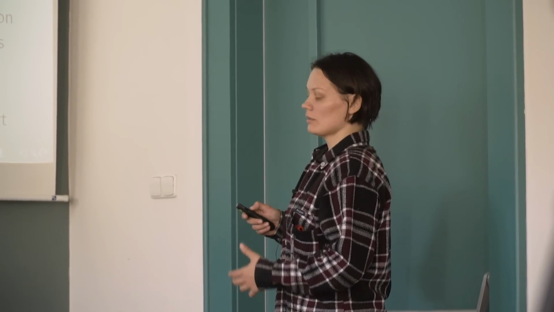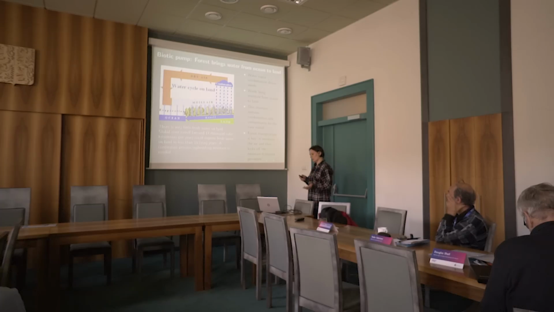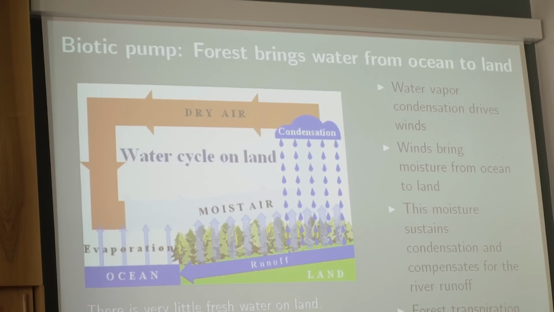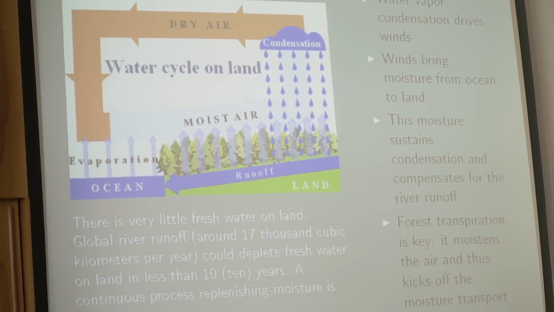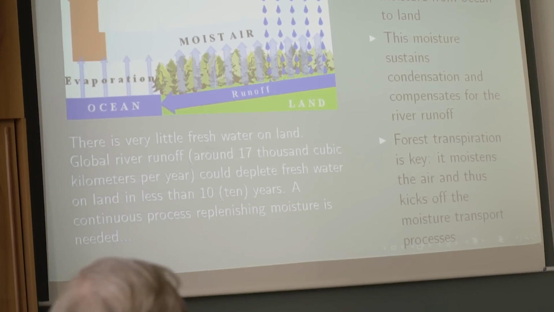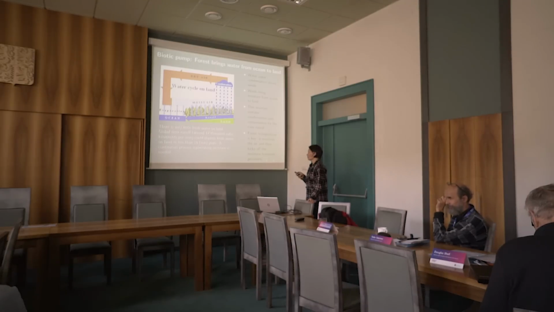So we need this continuous reverse flow of air, of water vapor, which cannot go through the surface because the friction is very high, and the only way to quickly transport moisture back to land is via the atmosphere.